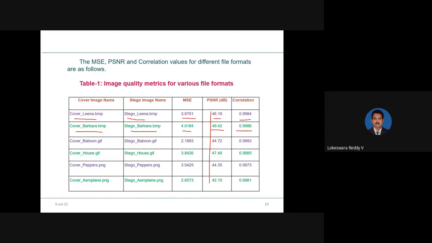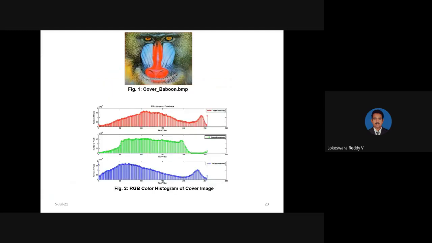If any image has a PSNR value of more than 40 decibels, then image quality will not be degraded. For all these images the PSNR value is more than 40, that is 46 point something, 49, 44, 47, 44, and 42.